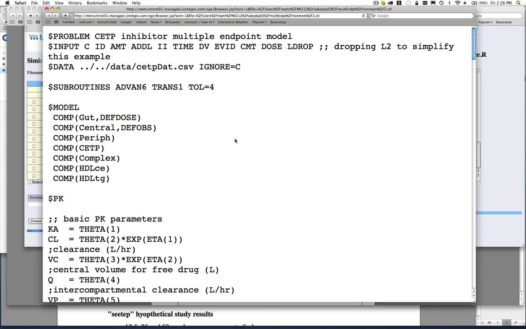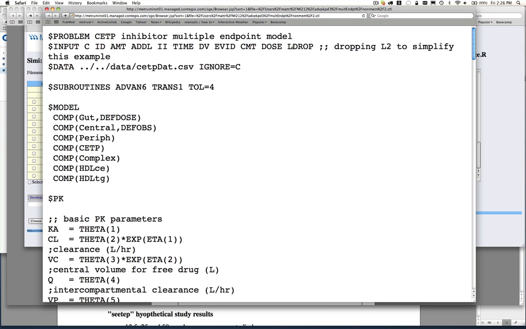Okay, so the first thing that I did in here, again, trying to keep things as straightforward as we can, but not missing an opportunity to show you where you could use these things. I actually had the L2 data item within this data set, because a lot of the PK and PD measurements were taken at corresponding times.